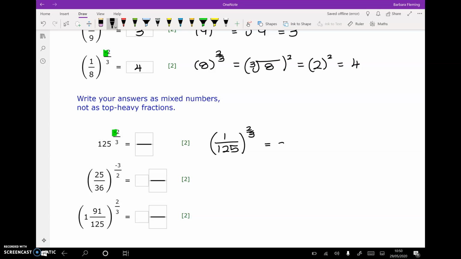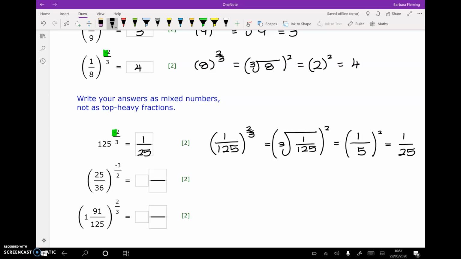So the denominator, we're going to cube root this whole thing, cube root 1 over 125, and we'll square it afterwards. Now, you can cube root each line. The cube root of 1 is just 1. The cube root of 125 is 5, because 5 times by itself 3 times gives you 125. We've still got that squared, and then you can square both lines. 1 squared is 1. 5 squared is 25. And that's your final answer.